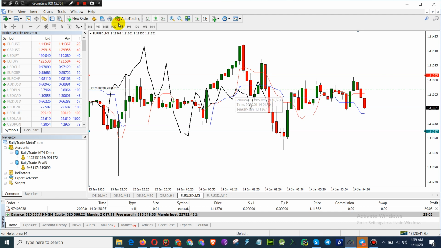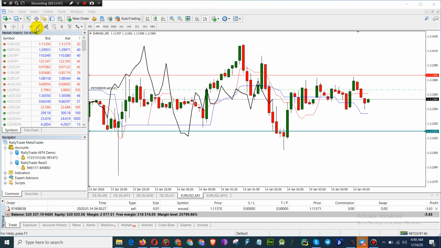So let me do the calculation. Let me show you the easiest way to check if this is 2 times this. I just discovered a simple way of doing that.